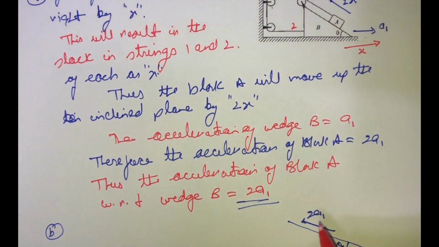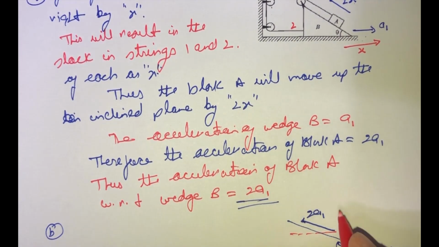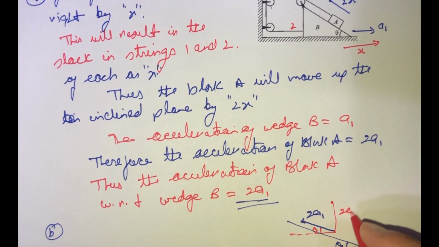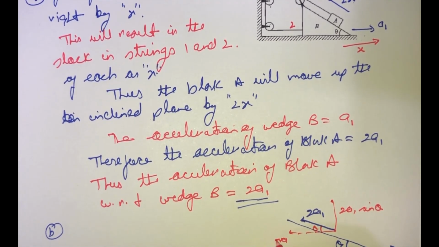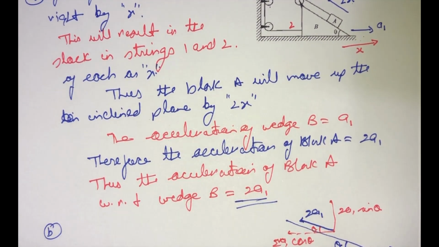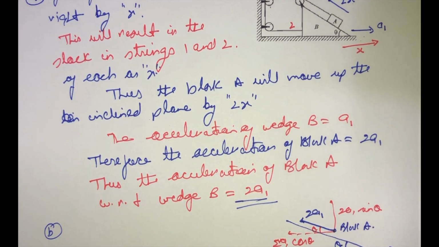This acceleration can be divided into two components, horizontal and vertical, with angle theta: 2A1 cos theta horizontally and 2A1 sine theta vertically. So we can find the net horizontal acceleration and net vertical acceleration.